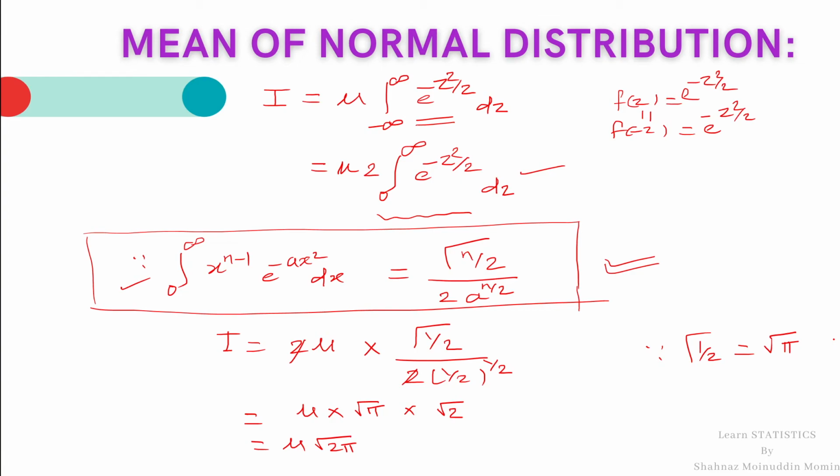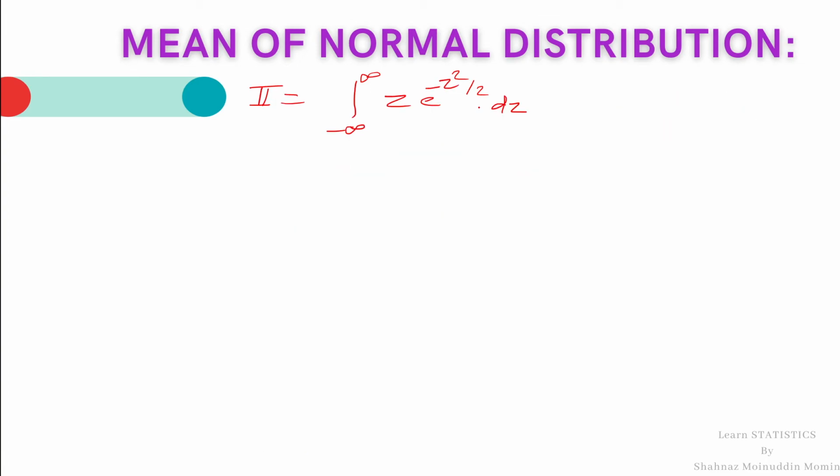Now we will calculate the second integral. The second integral is integration minus infinity to infinity z e raised to minus z square by 2. After replacing z with minus z, this function is an odd function of z, and the integral of an odd function from minus infinity to infinity has the value 0.